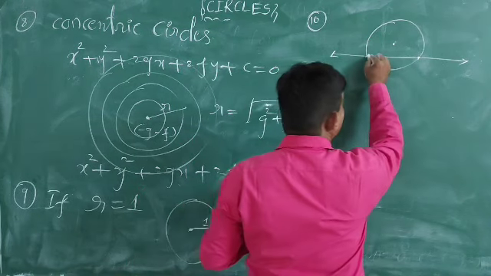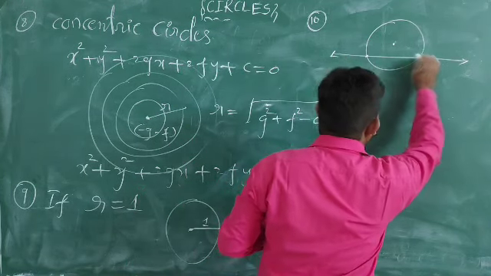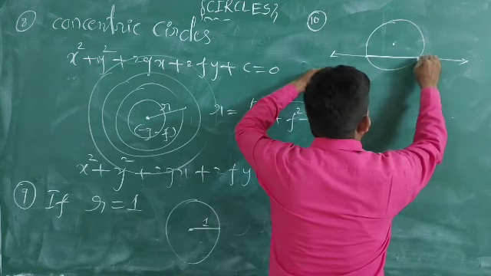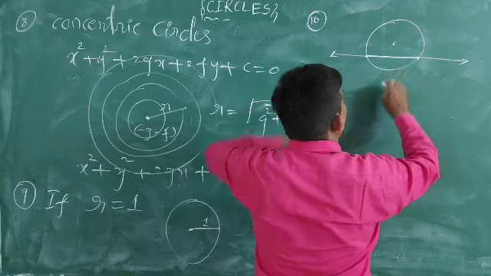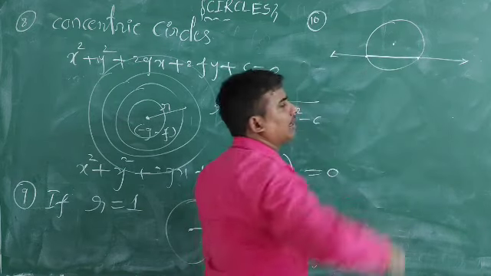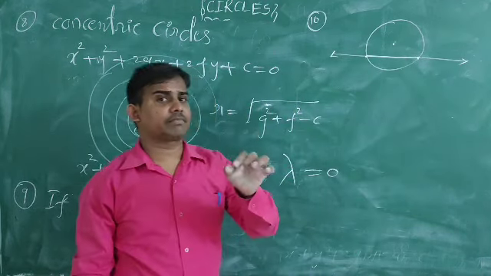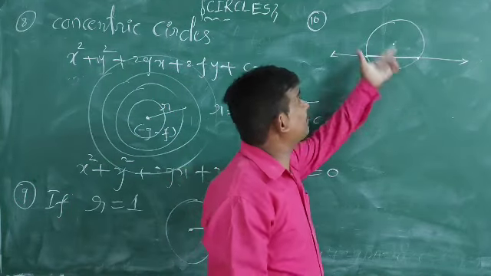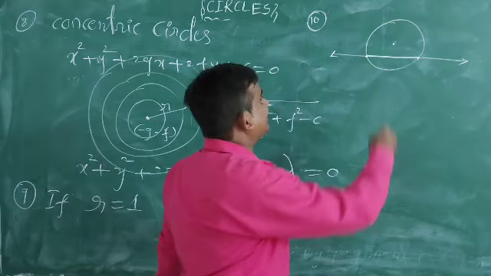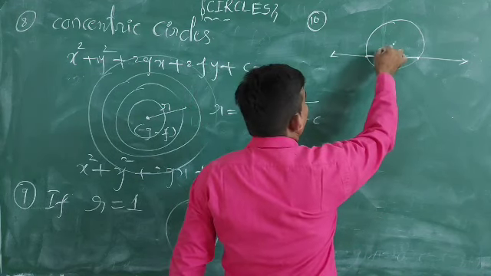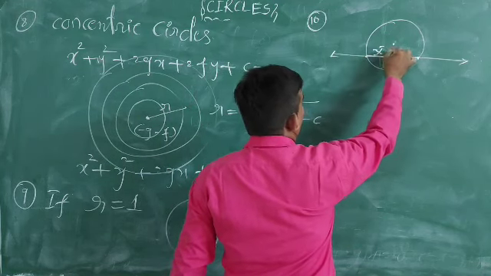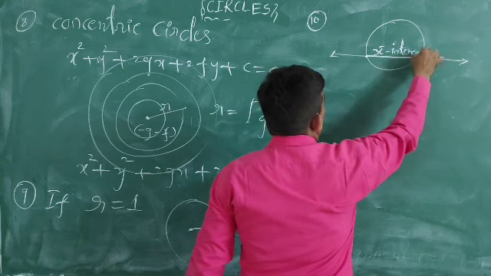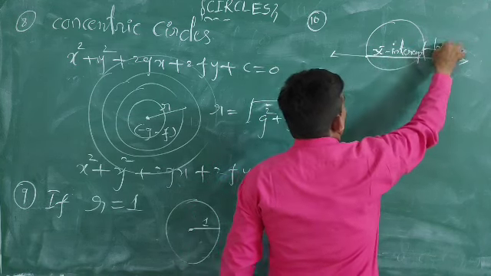Then the segment of the x-axis inside the circle is called the x-intercept of the circle, the intercept made by the x-axis with the circle.